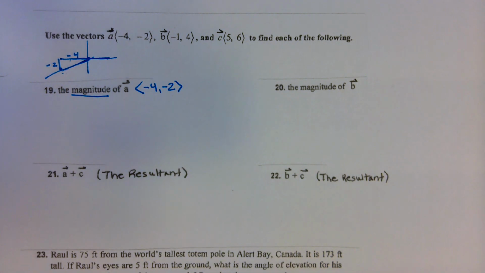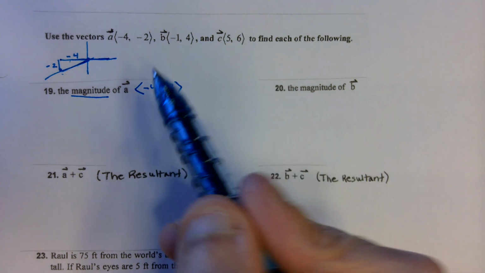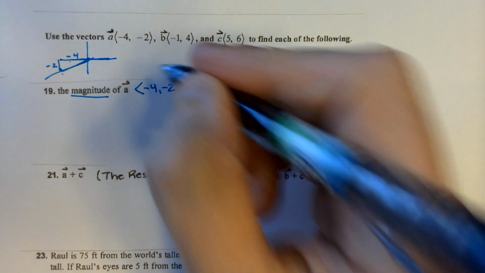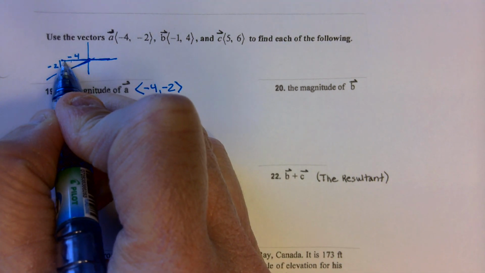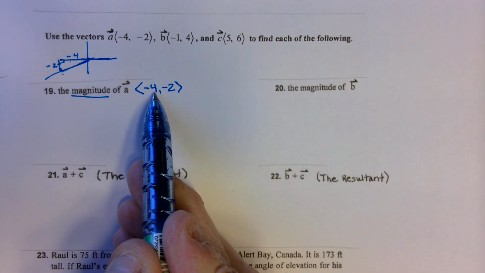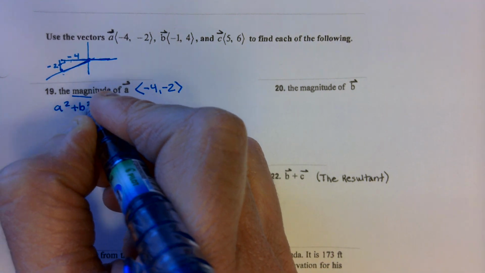You can use the distance formula of 2 points if you wanted, between 0, 0 and -4, -2. Or I prefer myself to just use Pythagorean theorem because you have a right angle here. So you literally would use those 2 points in Pythagorean theorem.